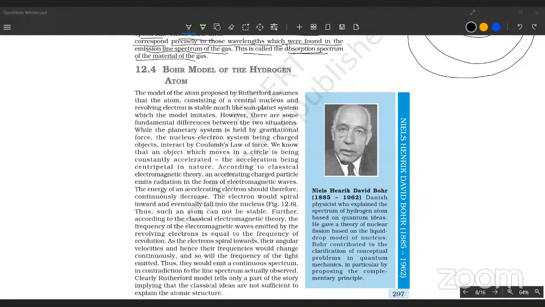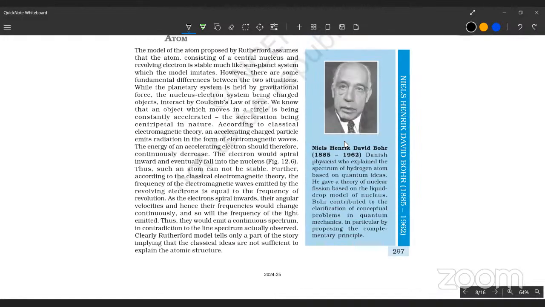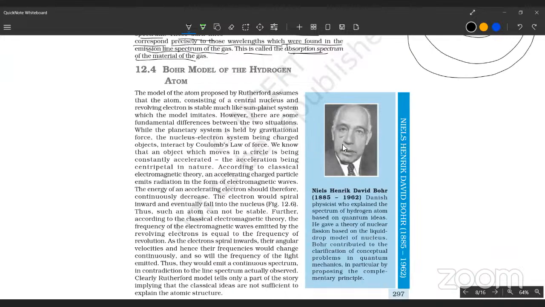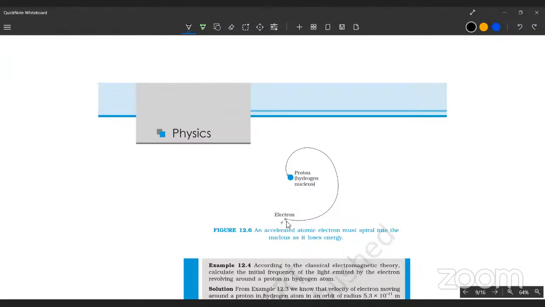But the problem is that when the electrons revolve around the nucleus, as we have already discussed, they will emit energy. When they emit energy, they gradually lose energy, and due to that they will not stay in that orbit. The radius will gradually shrink, and finally they will fall onto the nucleus.